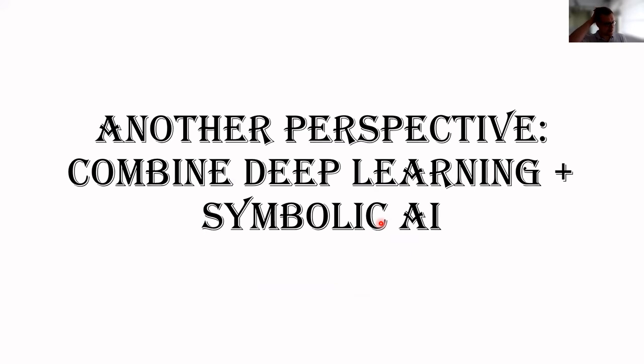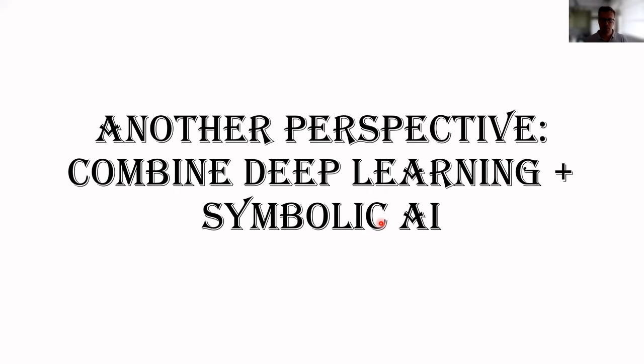Another perspective would be to combine deep learning with some symbolic AI. By symbolic AI, I mean something which can be explained. As you've seen, neural networks are really hard to interpret. You train something which works, but you don't know how.